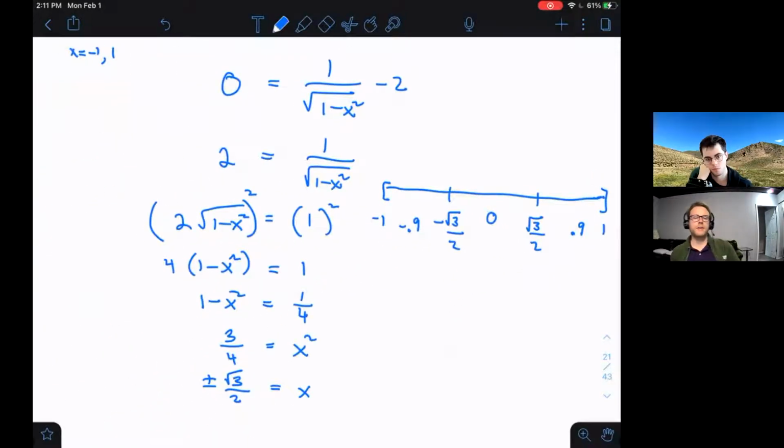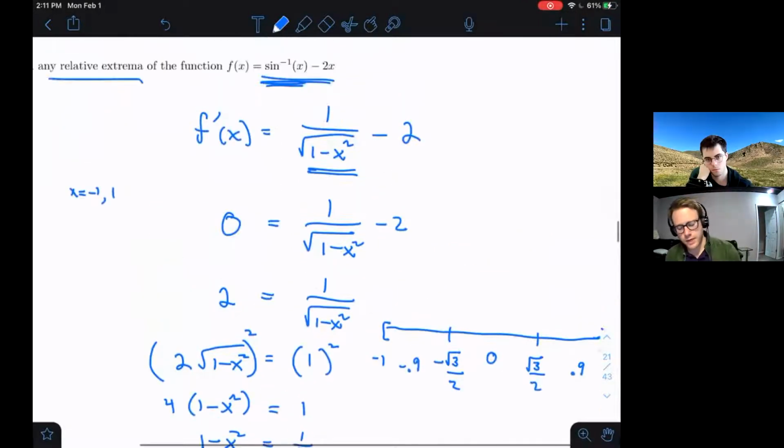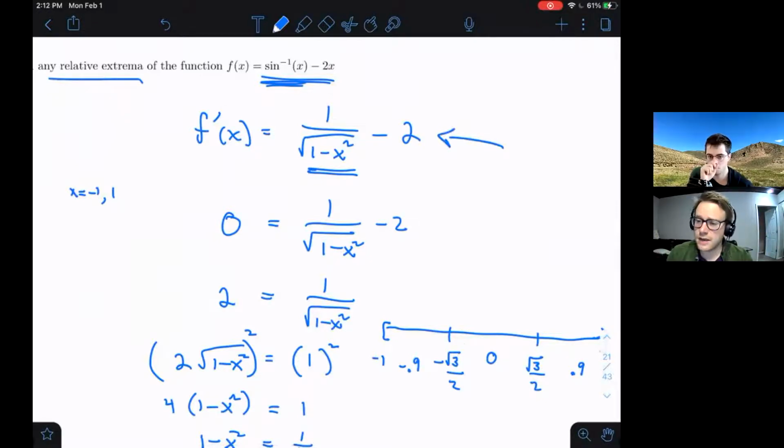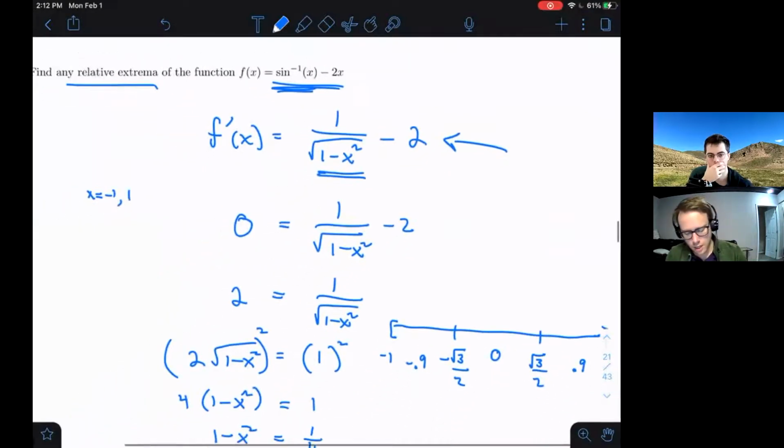So now we can take those and plug them into our derivative function. So again, here's our derivative function. And we're interested in when it is increasing and when it is decreasing, because that will tell us whether we have local mins or local maxes. So if I plug in 0 into our derivative function, this is all about the derivative because that's telling us if we're increasing or decreasing.